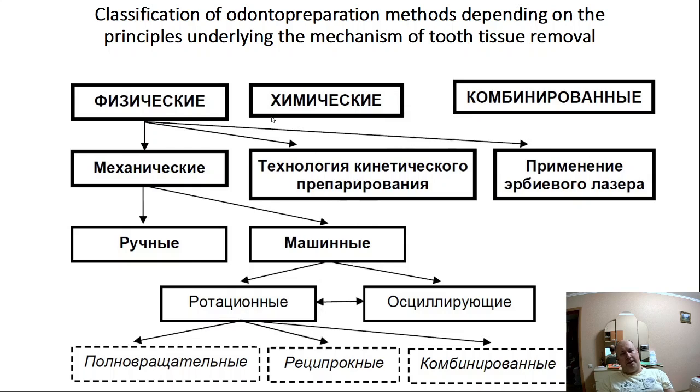And chemical preparation includes different types of agents. You need to evacuate the decay from the cavity and make good conditions for filling it with a chemical or light-cure composite.